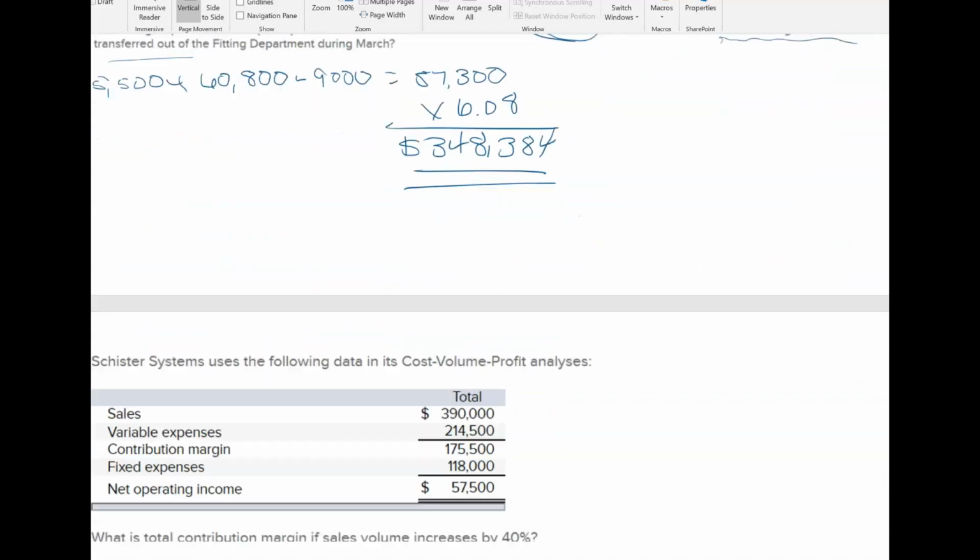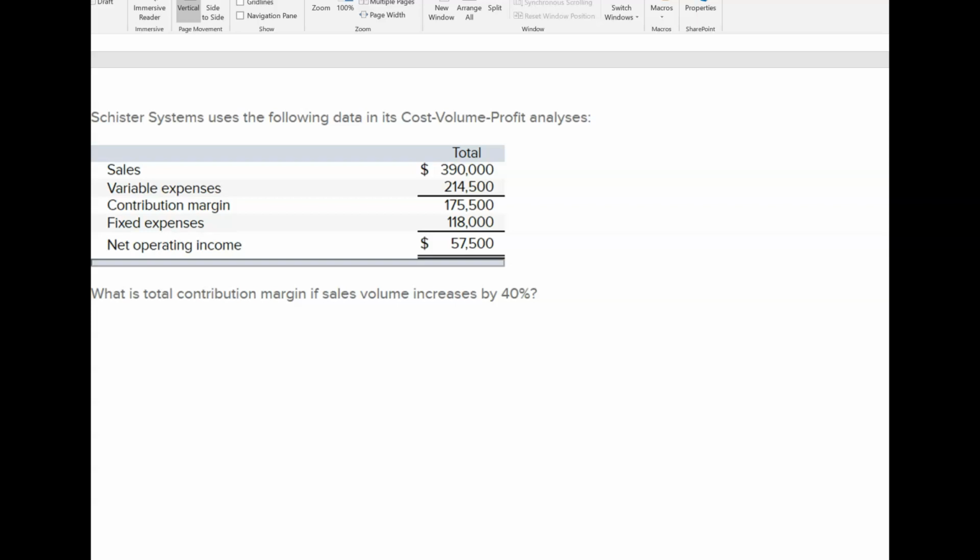Okay, number 10 is going to start chapter 5. And this question is the total contribution margin if sales volume increased by 40%. Okay, so let's first look at the contribution margin ratio.